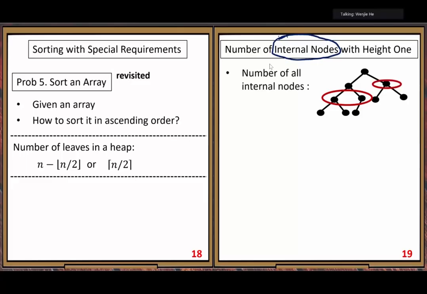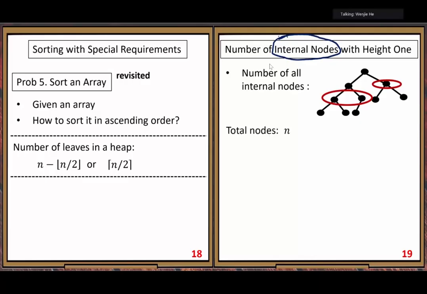Now, we want to count the number of internal nodes. All the nodes other than leaf nodes, right? We exclude the leaf nodes from all the heap nodes, so we only have internal nodes.